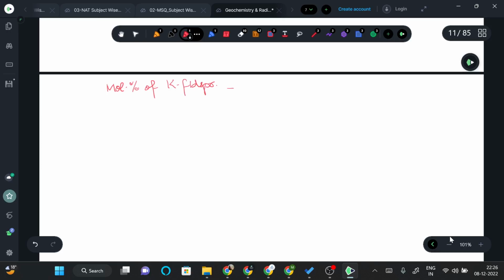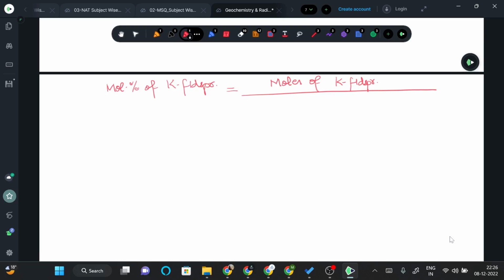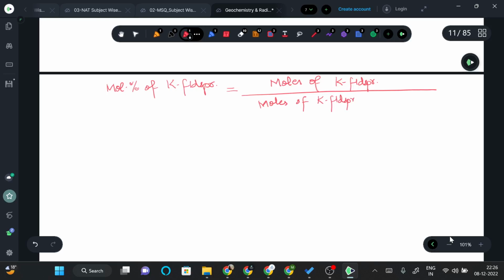If we write it in general terms, it will be number of moles of K feldspar divided by moles of K feldspar plus, what should I write here? Moles of SiO2. Yes, moles of quartz.